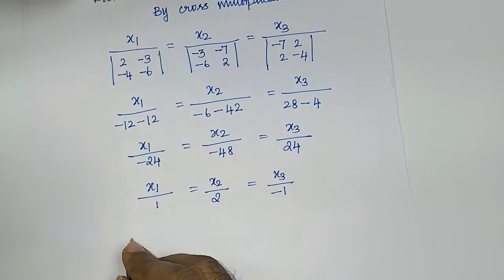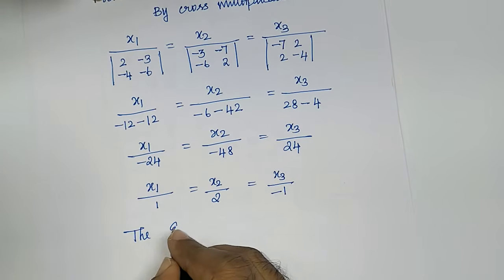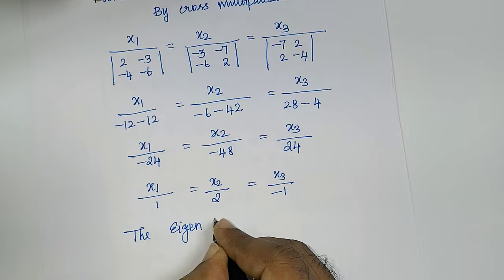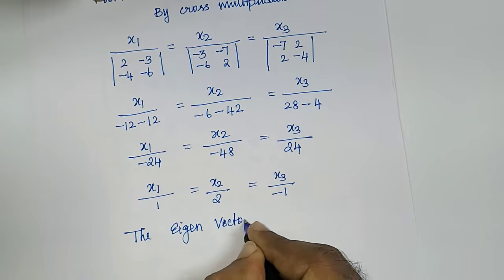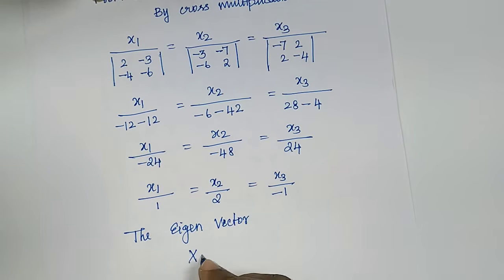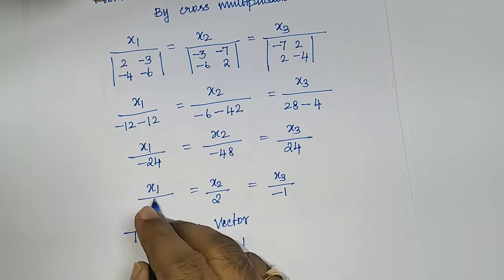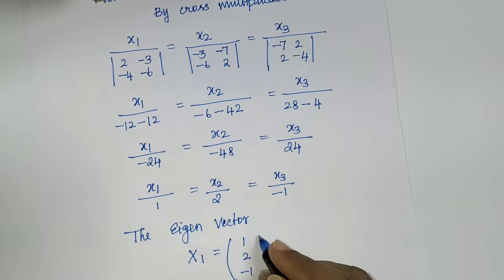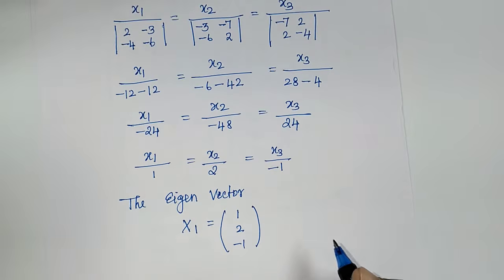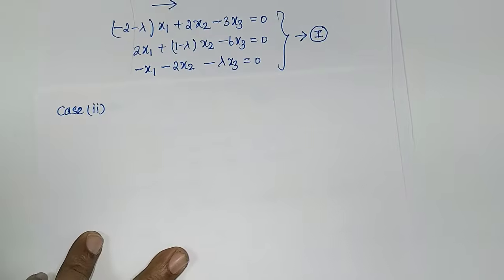So which is your first eigenvector? The eigenvector capital X1 equals 1, 2, minus 1. These small x1, x2, x3 you write column-wise: 1, 2, minus 1. This is your first eigenvector.